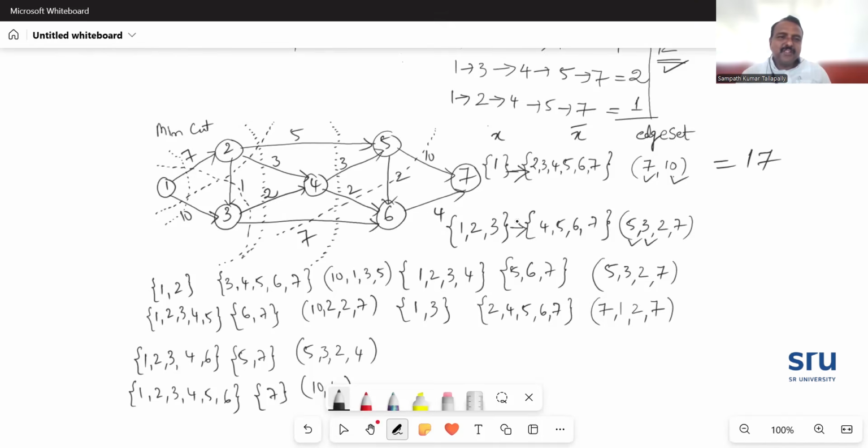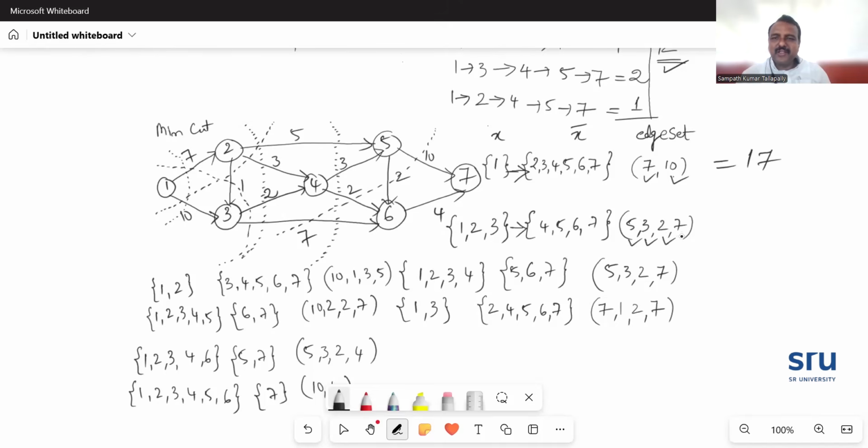Now 2. Where is my 2 here? Yeah, I'm cutting my 1, 2, 3. Yeah, 2 is here. So what is it cutting now? 3 to 4. So 3 is here and 4 is here.